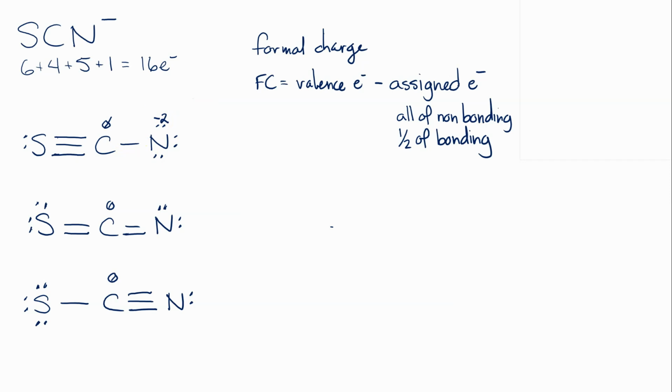We move one structure down, the nitrogen should still have 5 valence electrons. It has 4 bonding electrons, half of that is 2, and we add that to another 4 non-bonding electrons, that's 6. In this structure, nitrogen has a formal charge of -1.